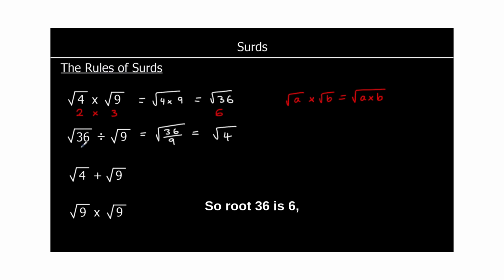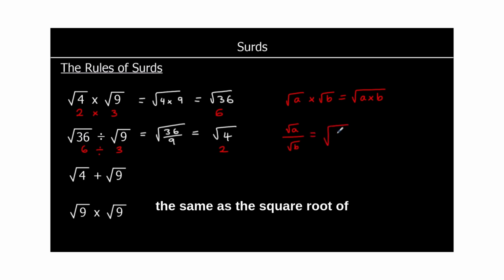So root 36 is 6, root 9 is 3, and root 4 is 2. So 6 divided by 3 equals 2. That works. And the rule is root A over root B is the same as the square root of A divided by B.